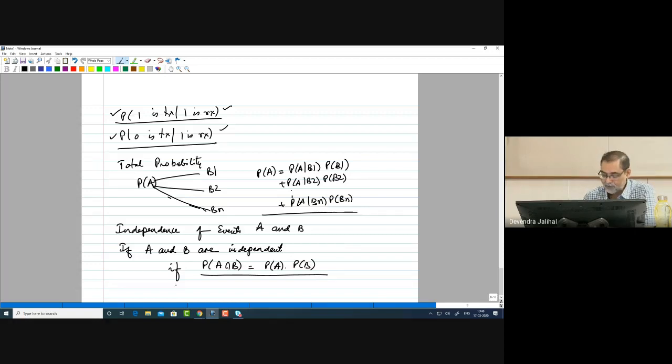What this means is, if you ask the question probability of A given B, since A and B are independent, and A given B was defined as probability of A intersection B by probability of B, knowing B, I don't know anything about A. It doesn't give me any additional information. So this will be equal to probability of A if A and B are independent.